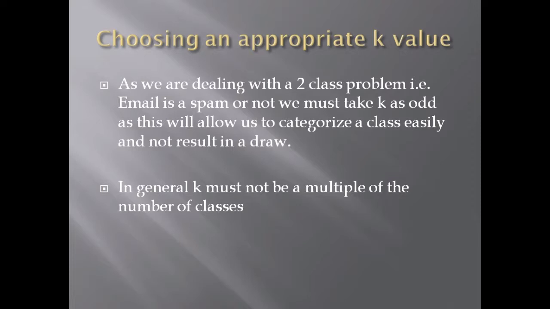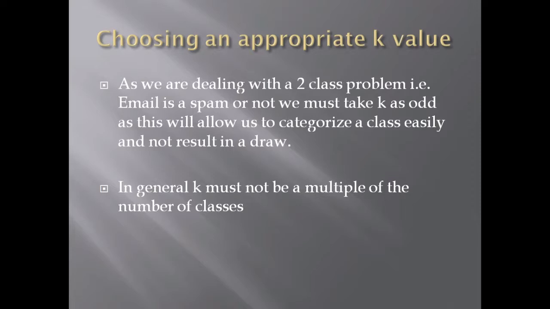If we take k as 3, then we'll have 3 neighbors, and obviously 2 will belong to one class and the other will belong to the other class, and hence one of them will have a majority, and we'll be able to easily categorize the testing data.